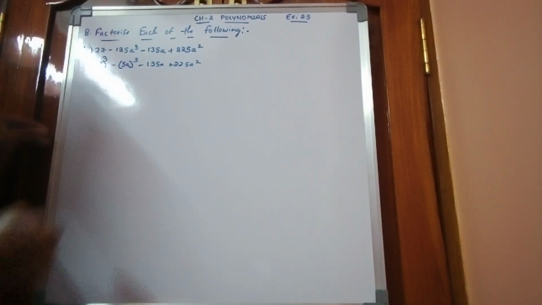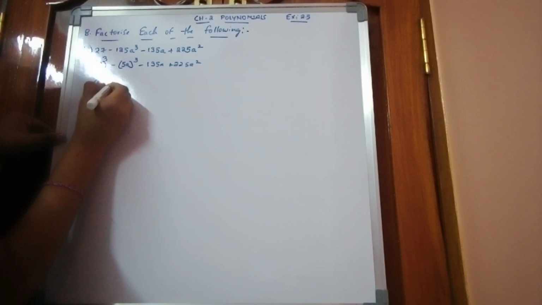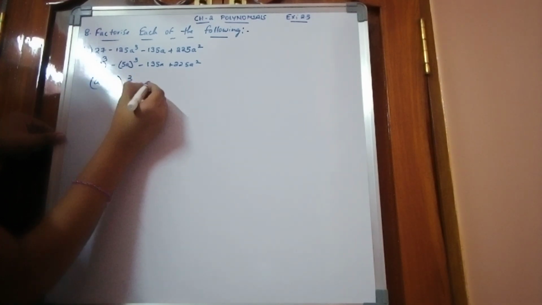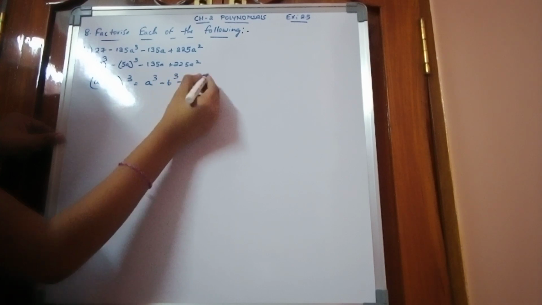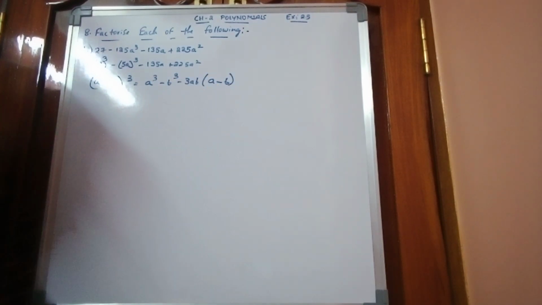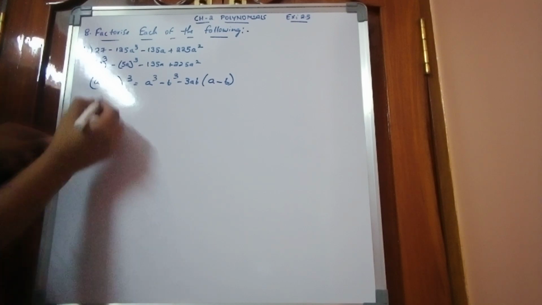So now we have to use (a minus b) whole cube, that is a cube minus b cube minus 3ab of (a minus b). So now I have used it.